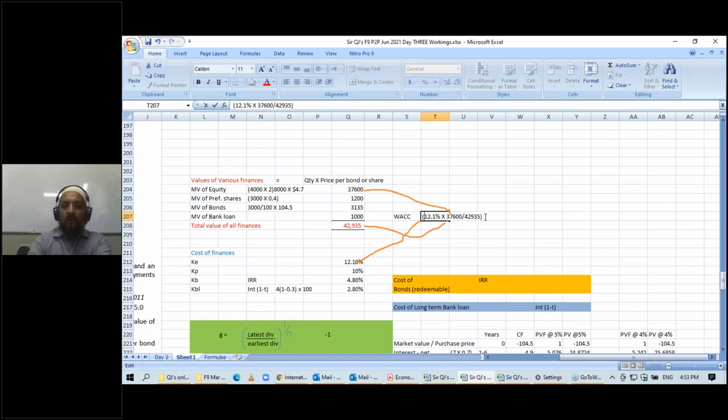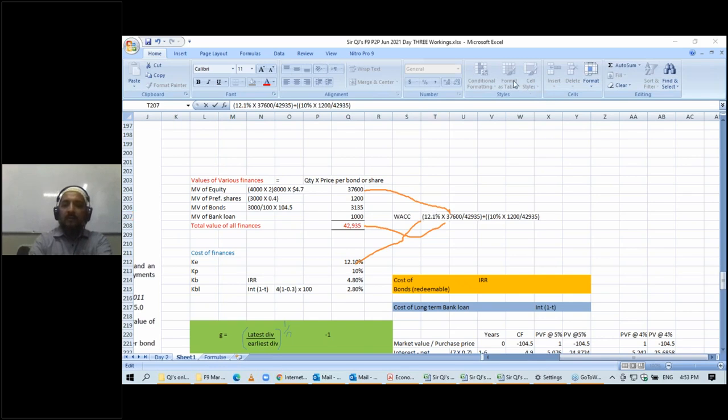Now moving on to the next portion. Next portion is cost of preference shares. So for cost of preference shares, it is 10%, right? So 10% multiplied by the value of the preference shares, 1200, divided by the total value of all the financing items, 42,935. Then moving on to the next item, which is bonds.